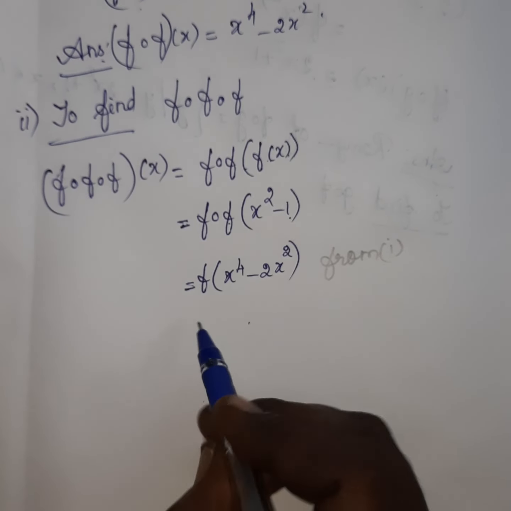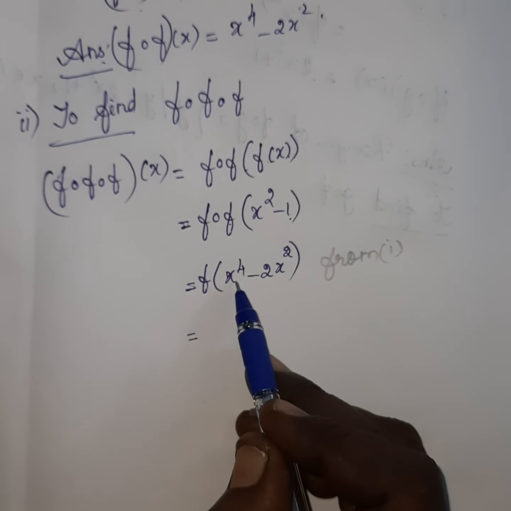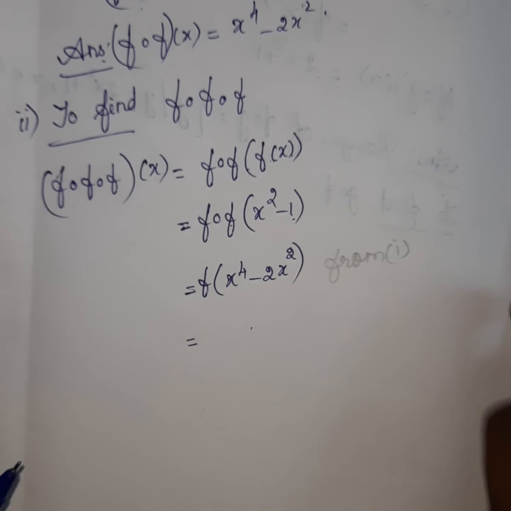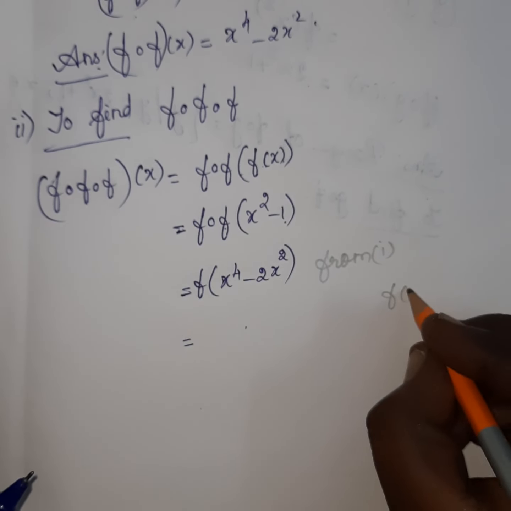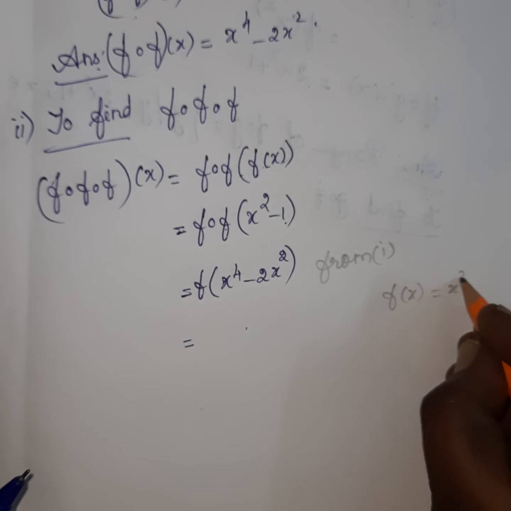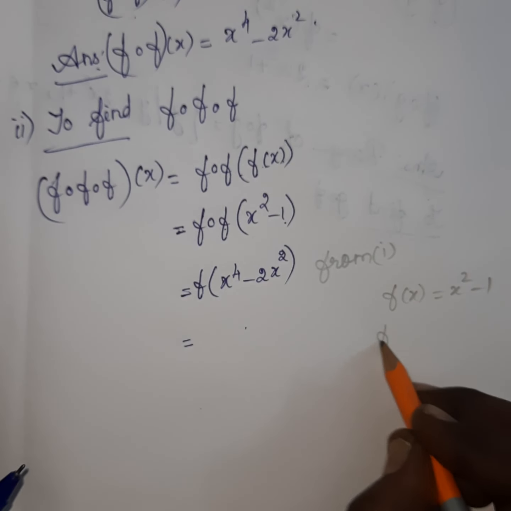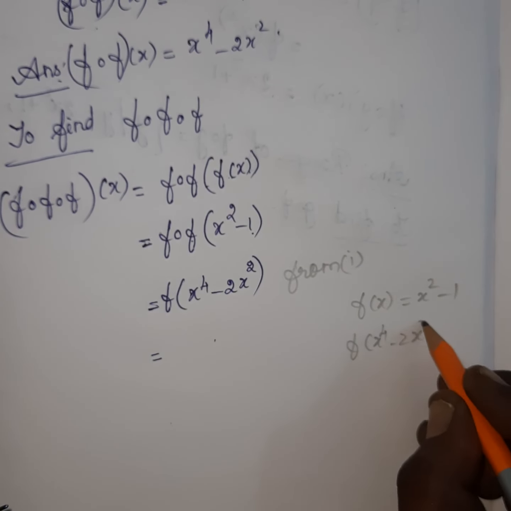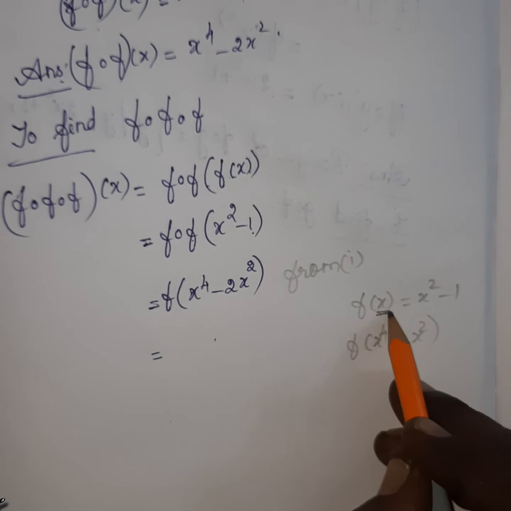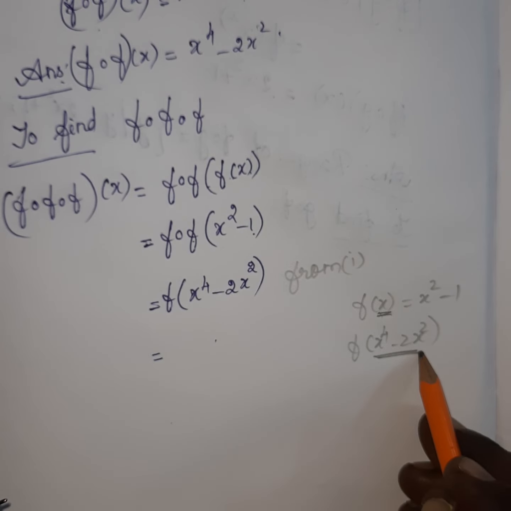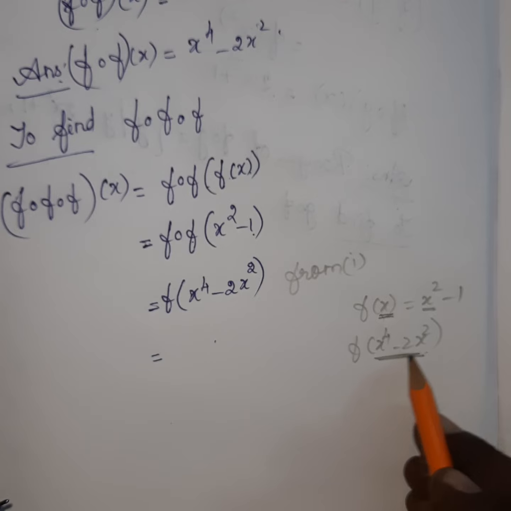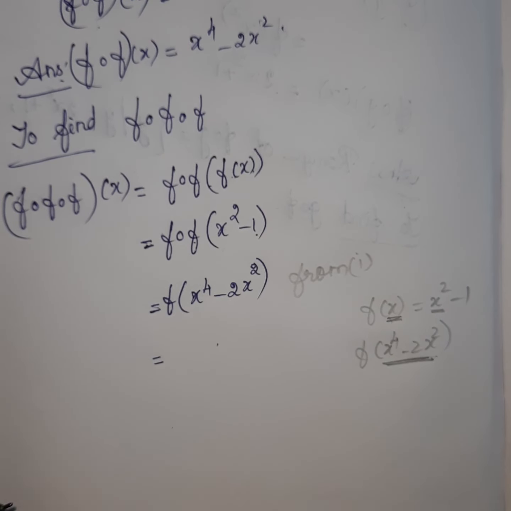Now we can do the same way. F of this together, these two steps you consider as f of x. In the question they given f of x is equal to x square minus 1, but here you have x power 4 minus 2x square. So in the place of x you replace x power 4 minus 2x square.